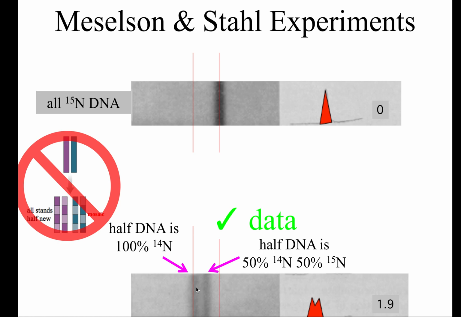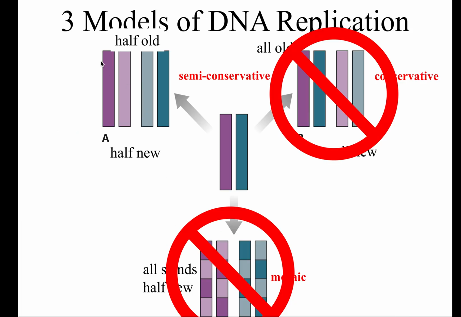Okay? So you get this band from the first time the DNA replicates. You get this band the second time the DNA replicates. If this was the model here, you would get this band forever, and this band would never show up. Okay? So this is the way that DNA is replicated.